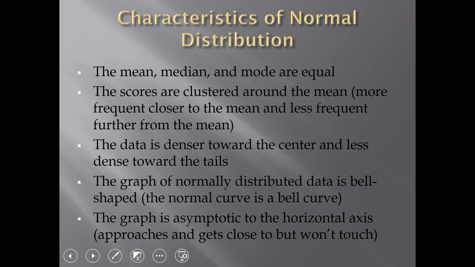If I only ask people in your house right now, maybe your family members tend to be taller than average, or maybe shorter than average, right? If I only ask people in your household how tall they are, I might not get data that is normally distributed.